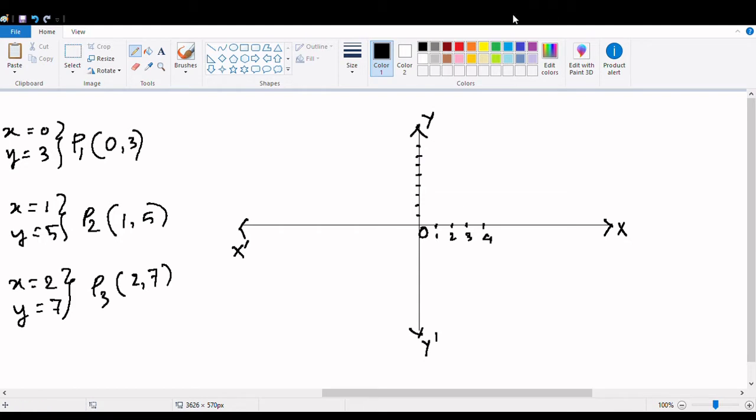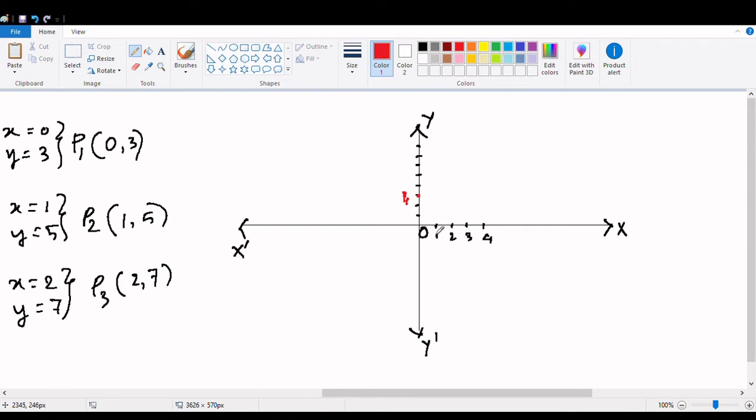Okay. Now, if we want to plot all these 3 points, where will those 3 points reside? The coordinate of point P1 is 0 comma 3. 0 means here, and 3 means 1, 2, 3. So this is the point P1. And the next point, P2, will be 1 and 5.